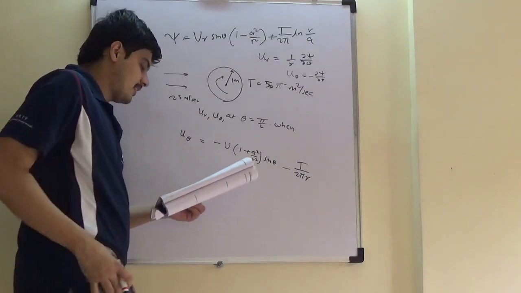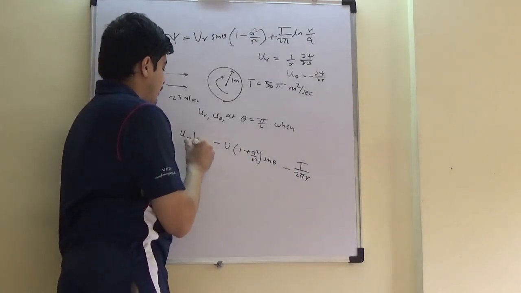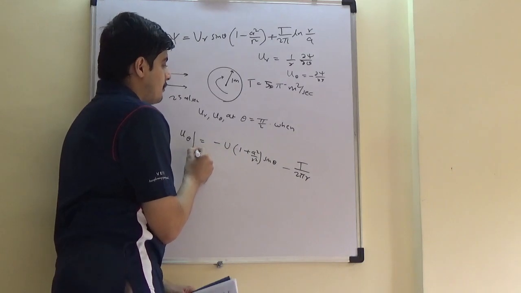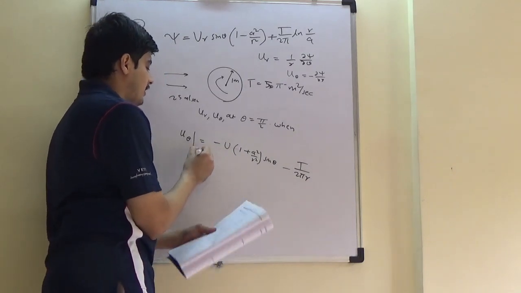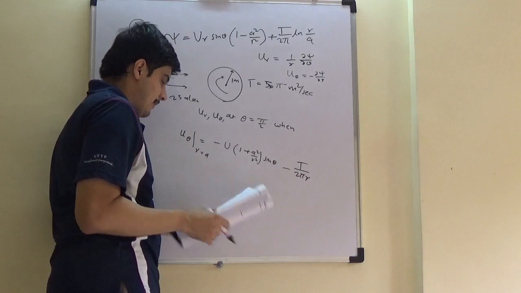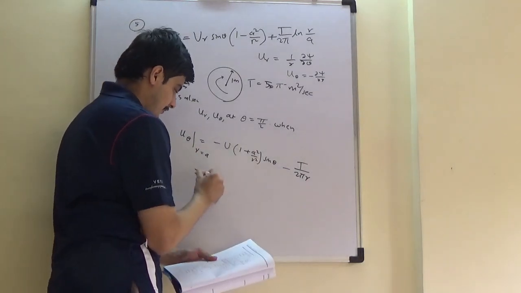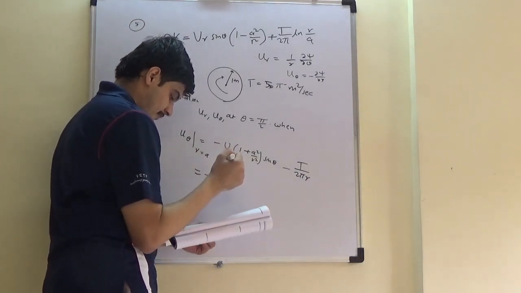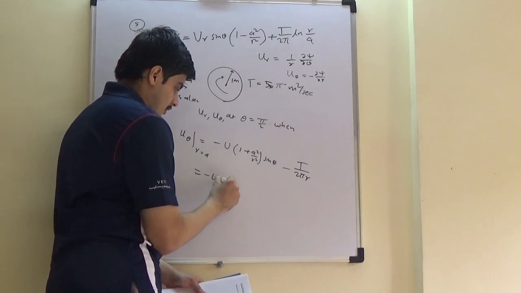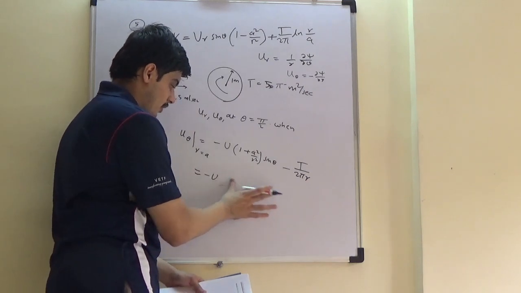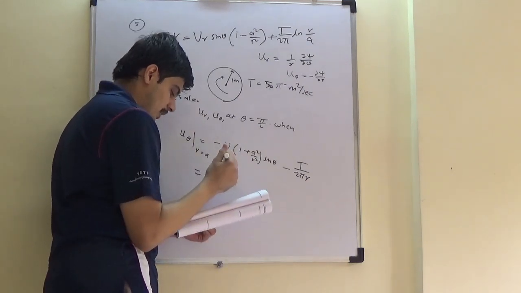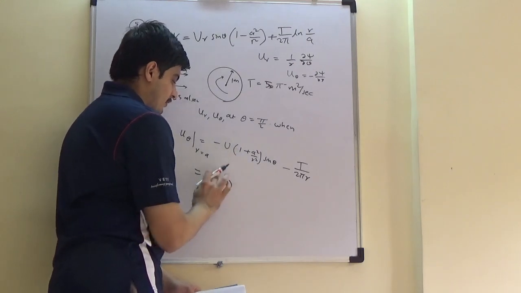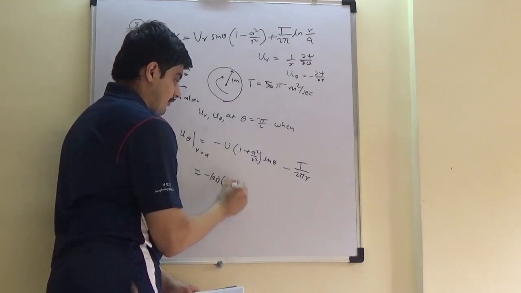So this is the answer. Now we have been asked U theta at r equal to a. So what would be U theta? Minus U, sine pi by 2 is 1, this is 1 plus 1, 2. U is 25.